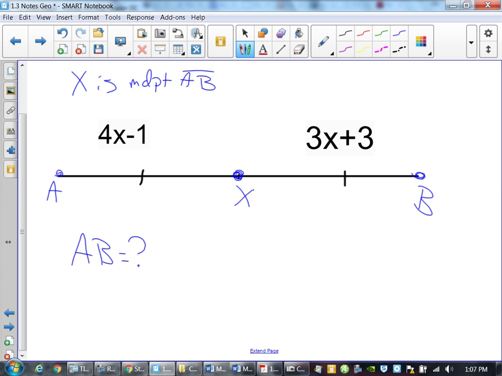And the kind of questions you're going to be asked is, find the whole thing, find one part, find another part. It's not always just going to be solve for X. Okay. You have to solve for X algebraically, but you have to use the value of X geometrically to finish it out. That's kind of the spin on the algebra here.